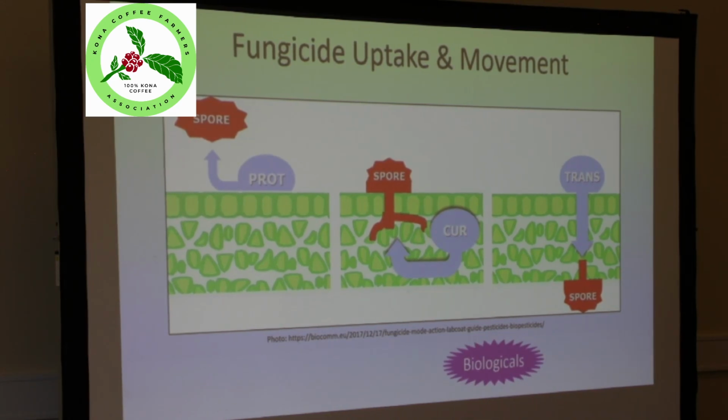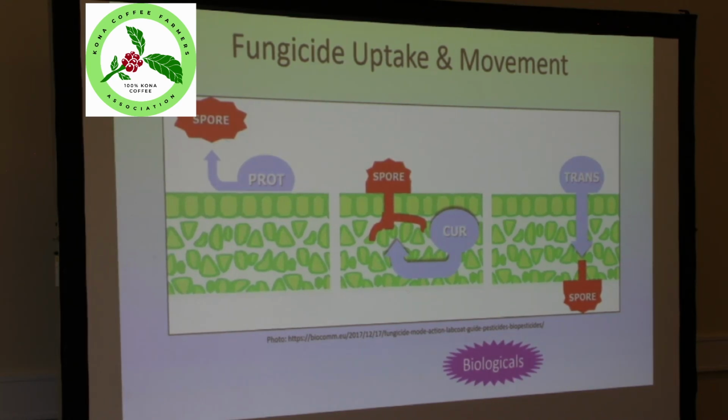Okay, the true systemics in the middle, they're within and throughout leaf material, which also travel to the new leaves. So when spores land and germinate inside leaf tissue, those systemics will knock out spore production and actually kill the fungal mycelium growing within the leaf tissue. Okay.